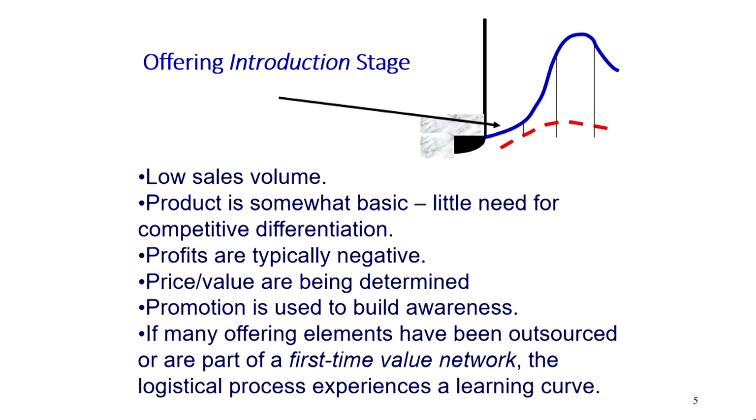Profits are still typically negative. Price is often tentative at this stage. So, the early adopters may get some preferential prices, which later on might be more solidified as we gain more experience. At this stage there may be some social media based, technical press based, exhibition and seminar based promotion, whose main aim is to build awareness about the new product or the new technology.